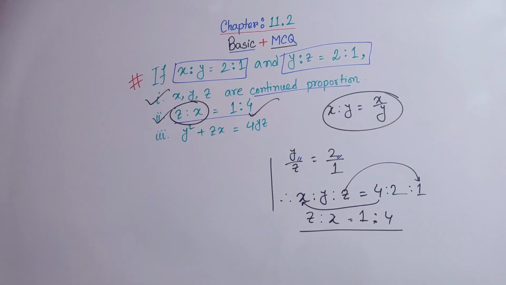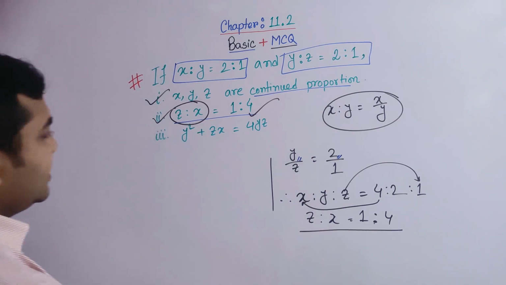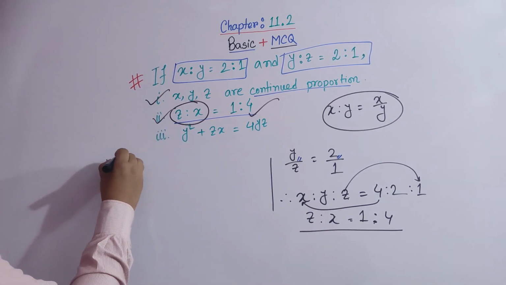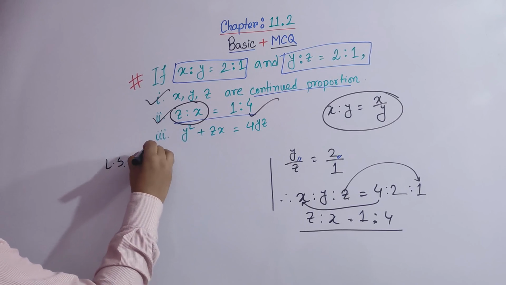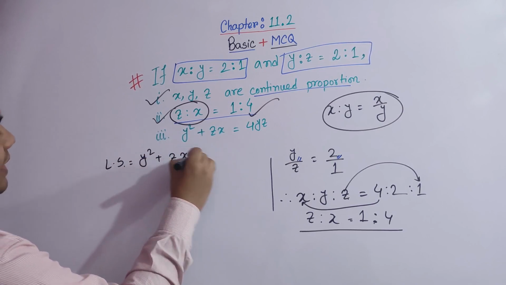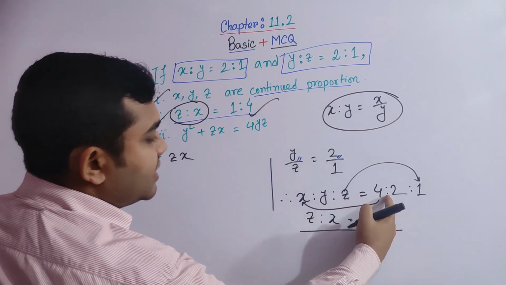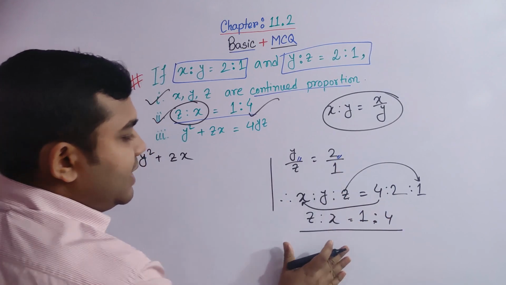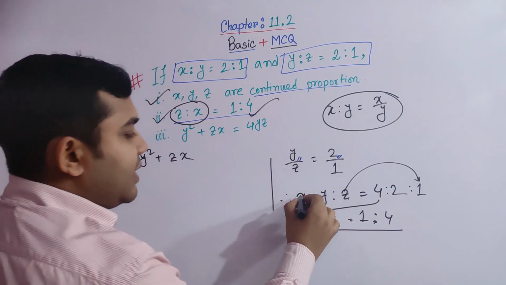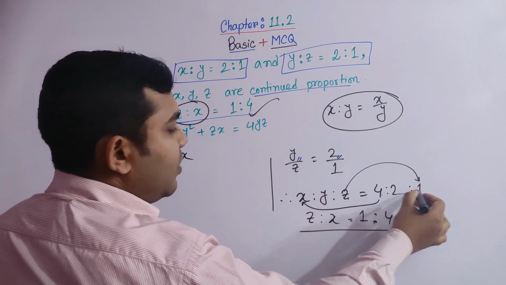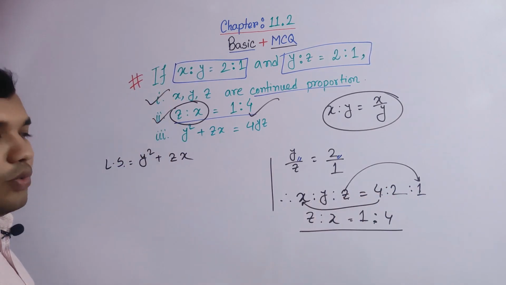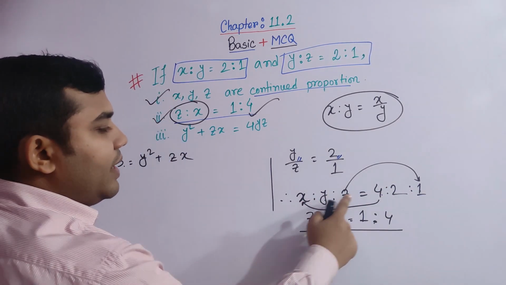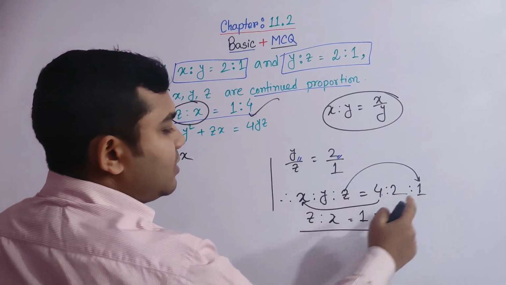Here what we have observed is that our left side is y square plus zx, and the value of y is what? Here we have already told you, the value of x is 4, y is 2, and z is 1.